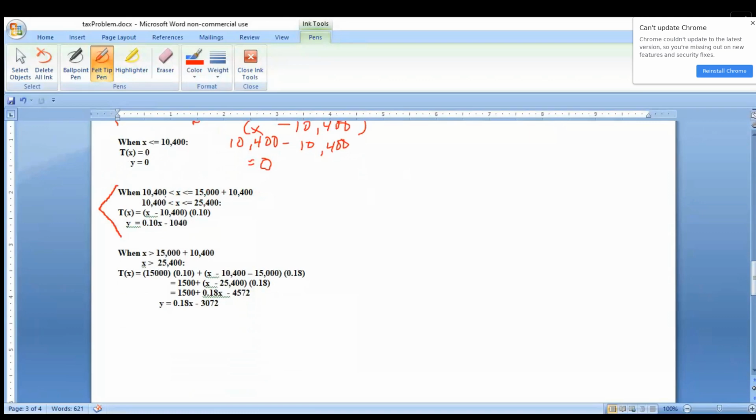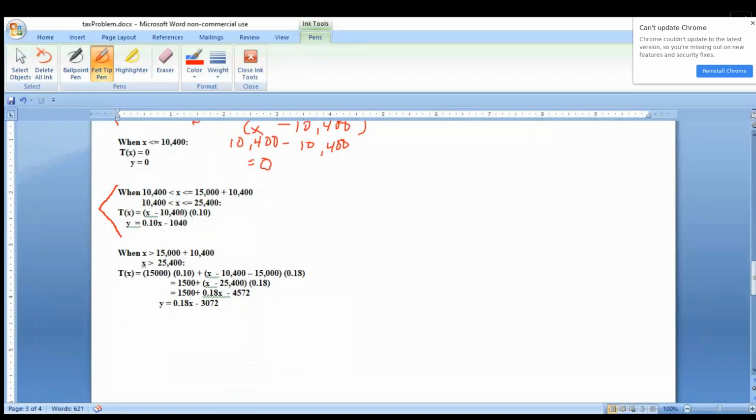So when our total income is greater than 10.4 but less than or equal to 25.4, then we know that we're taking 10% of that number, because our tax paid then would be our total income minus our perk, which even if it's 25.4 minus 10.4 is 15,000.